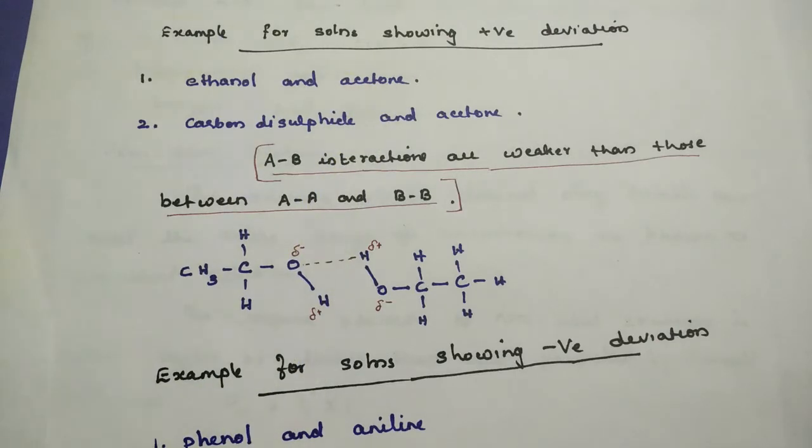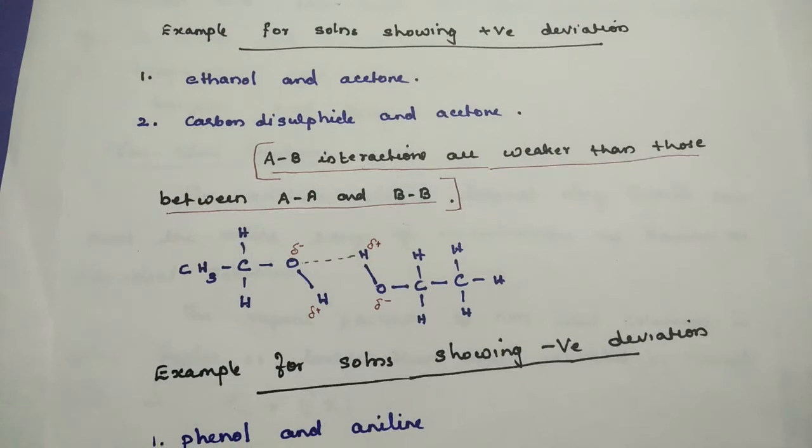When we add acetone, the acetone molecule comes in between two ethanol molecules, so that it breaks the hydrogen bonding. As a result, the vaporization increases. Vaporization of ethanol molecules increases, and thereby vapor pressure also increases, and it shows positive deviation here.